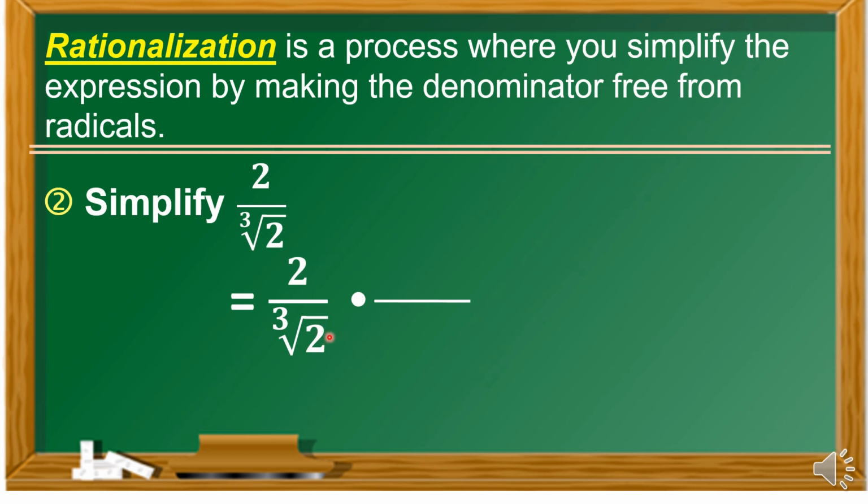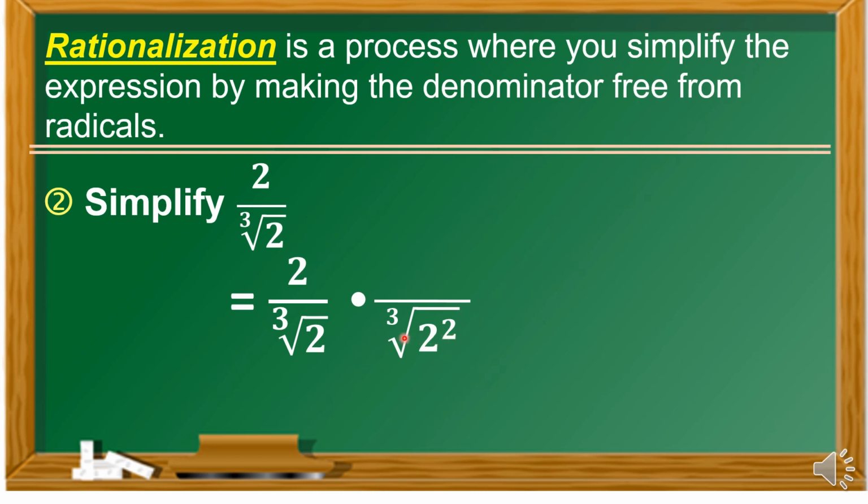Applying the rules of exponent in multiplication, kailangan nating mag-multiply dito ng same base. Kung may 1 na tayo, kailangan pa natin ng 2, kasi 1 plus 2, that is 3. Para same na ang index natin. So, multiply lang natin yan sa cube root of 2 to the second power or 2 squared.